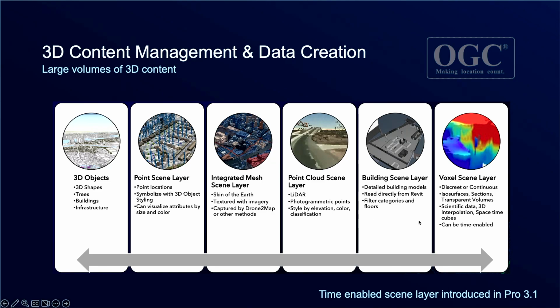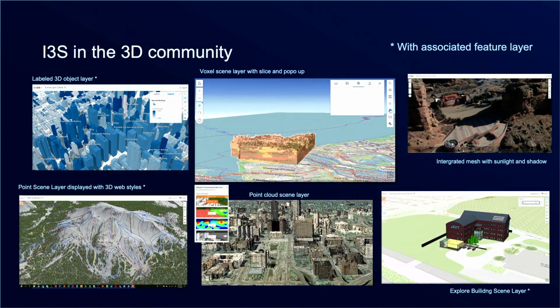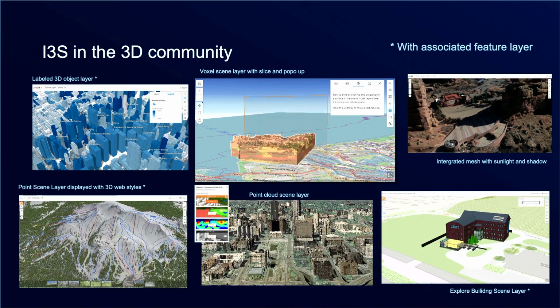And then we have the voxel layer for displaying discrete and continuous information across a certain space. So you can look after distribution of temperatures, pollution, soil types very easily. And this is something I can show you maybe in this little image here.